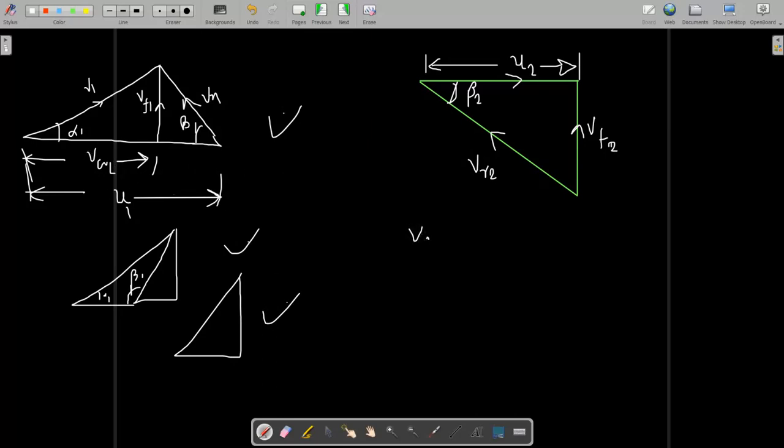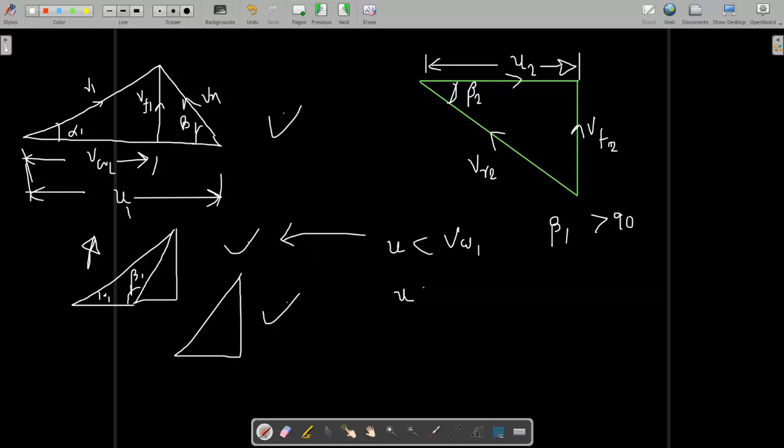Suppose U value is less than the value of Vw1, then your beta 1 angle will be greater than 90 degrees. So this velocity triangle you have to follow.